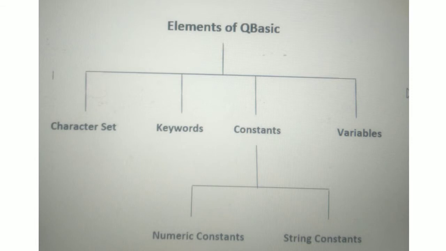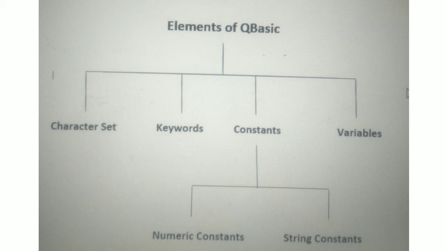Okay, and next, elements of QBasic. There are 4 types of elements: character set, keywords, constants, and variables. First we discuss them one by one. First, character set. The character set consists of digits, letters, and special characters. Digits are 0 to 9, letters are capital A to Z and small a to z.